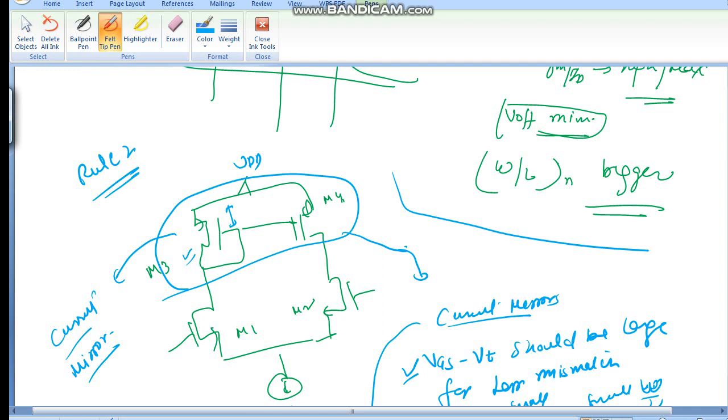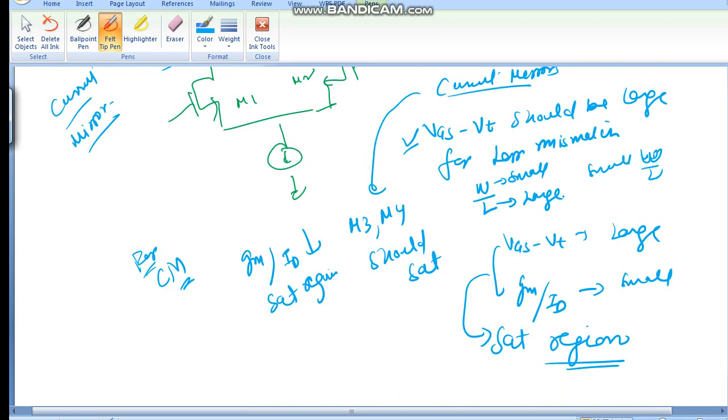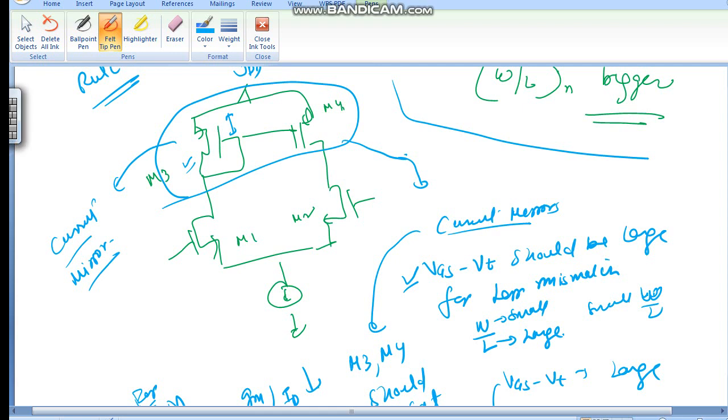So it has a negative impact on ICMR. But it depends how much offset you can tolerate, so accordingly you can design. So these two are the rules for reducing offset or mismatch between the diff pair and in the differential amplifier. Thank you.